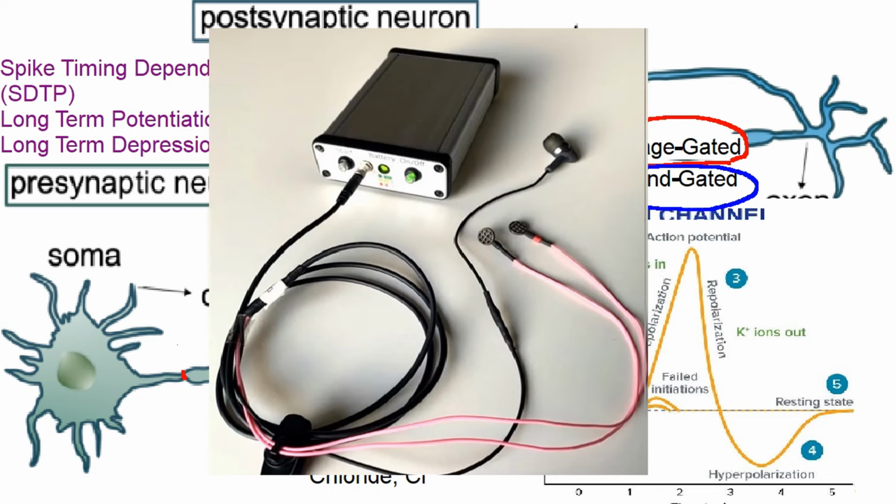And as we know, when enough AMPA receptors are removed, there cannot be an adequate sodium influx for the action potential to start. Hence, the synaptic connections become weaker. And the cell cannot fire an action potential, or those failed initiations that I showed you on the graph. And consequently, the tinnitus becomes objectively quieter.